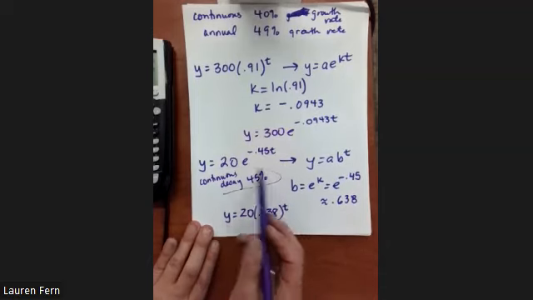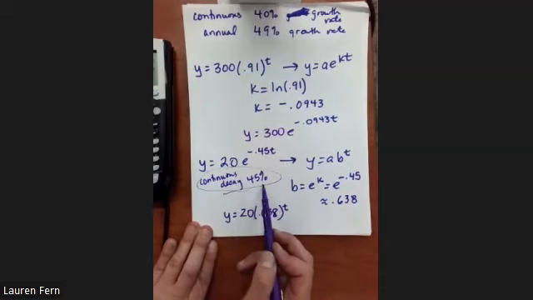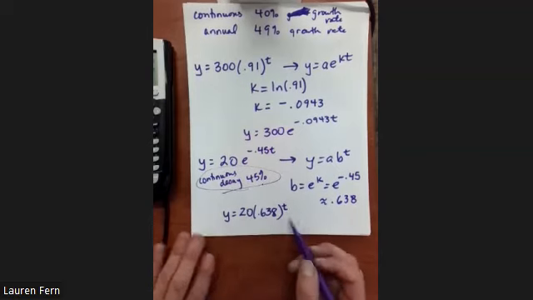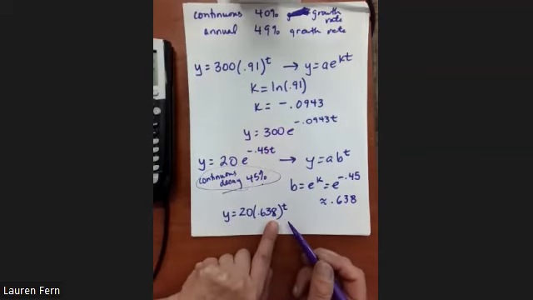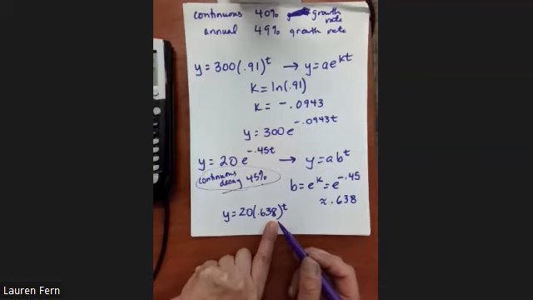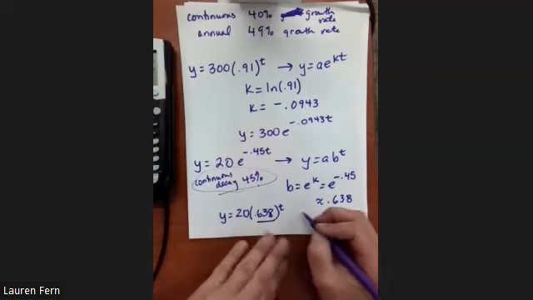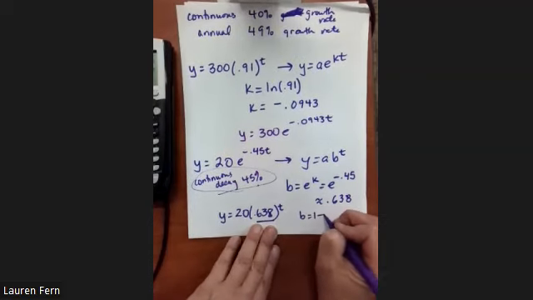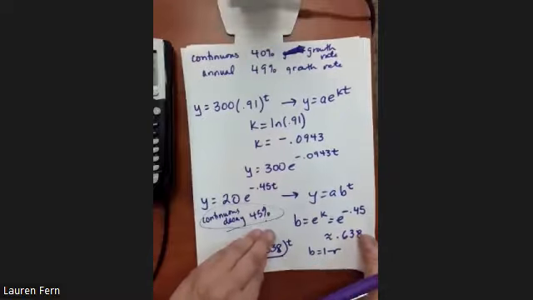Now, we had a continuous decay rate of 45%. Just so that we're nimble with our exponential functions, what would be my annual decay rate? Good, 36.2%, right? Remember, your b is 1 minus r.